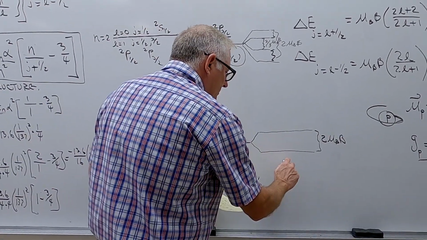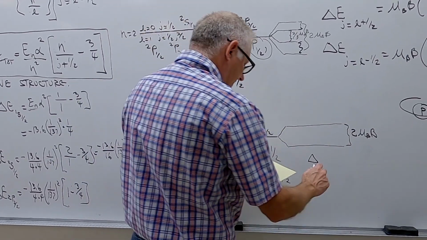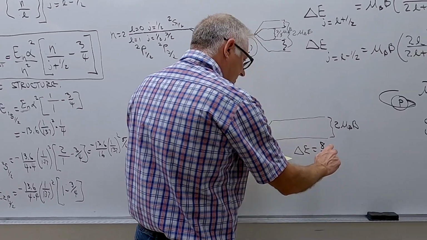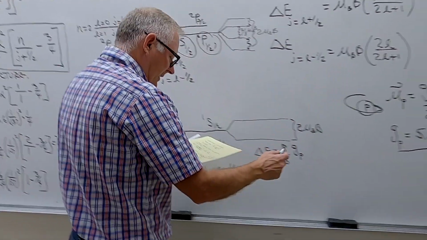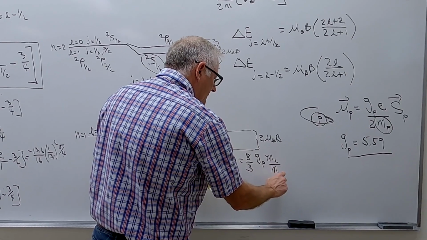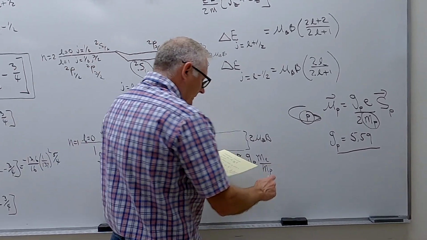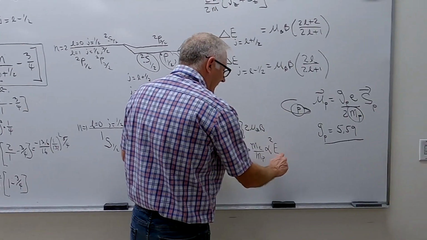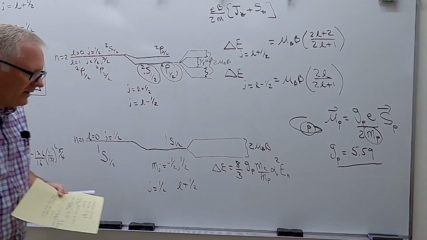And this splitting of this low state, this L equals 0 state, turns out to be 8/3 g of the proton, that 5.59, times the mass of the electron over the mass of the proton, which is our factor of 1 over thousands, alpha squared times your E sub n. In this case, it's E sub 1 because we're looking at the n equals 1 level.